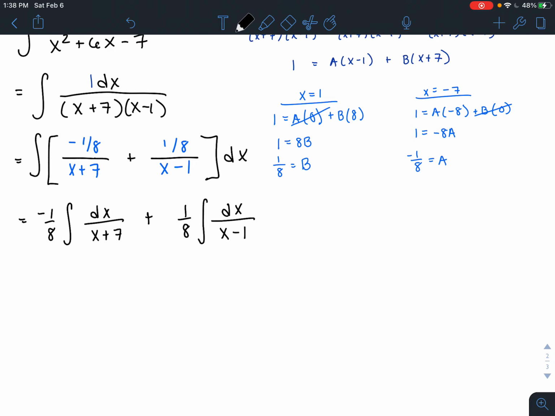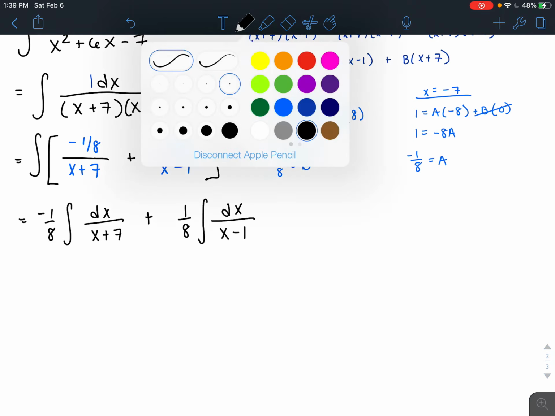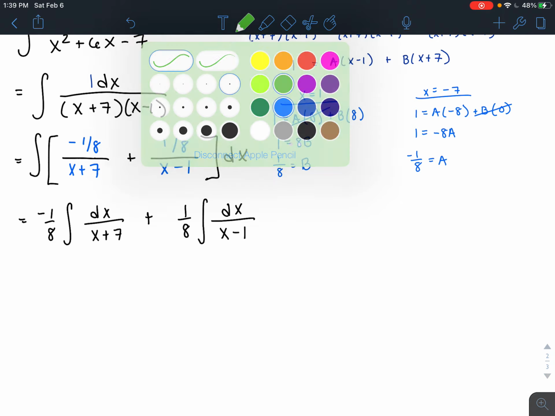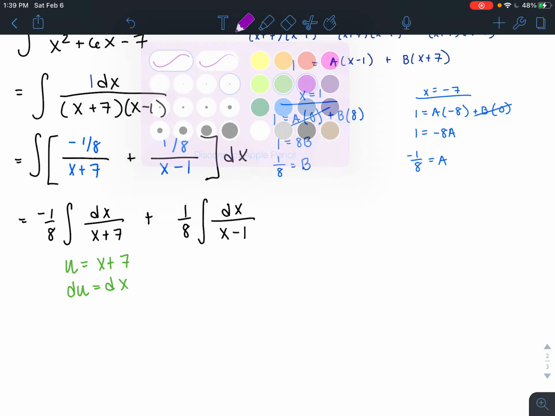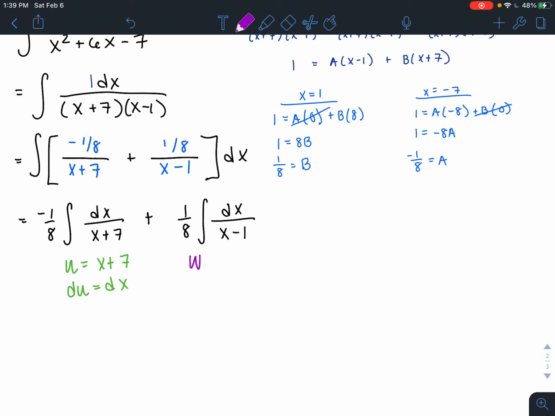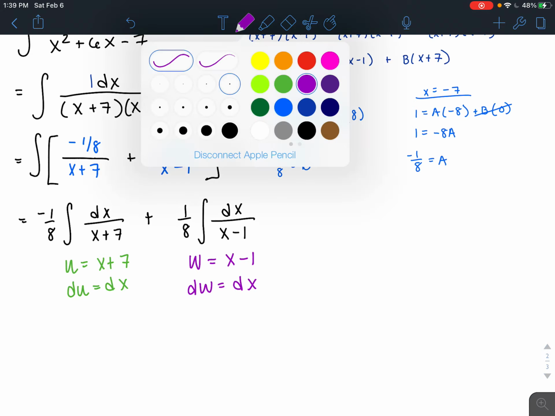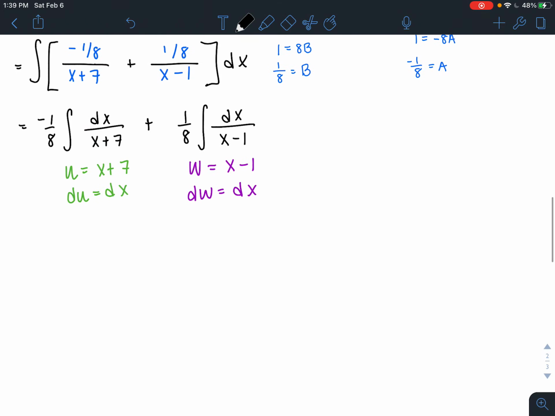Because we wrote it like this, we can actually do two different u-subs here. I'll use a different color. In this case, u would be x plus 7, so then du is just equal to dx. And I'll use a different letter over here, I'll use w. w is equal to x minus 1, so then dw is also equal to dx.